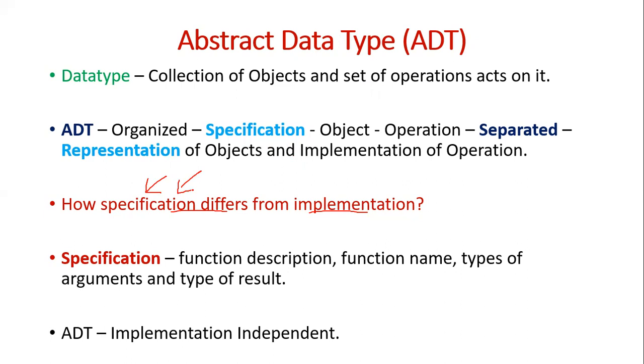The user needs only the use of that particular data type and how it is to be used. Only this much. The user doesn't want any detail about the implementation. So that is what the ADT does. The ADT separates the specification details of the object from the implementation details.